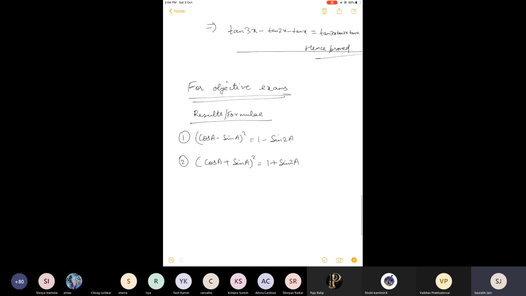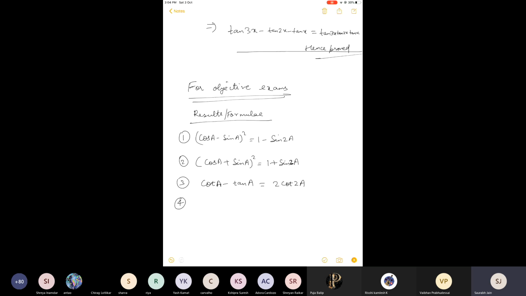This is not square. In the right hand side it is 2a, twice of the angle. Cot a minus tan a is twice of cot 2a. You note down right now, alright?